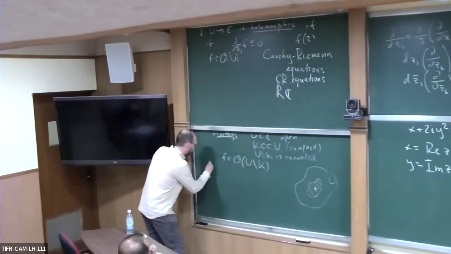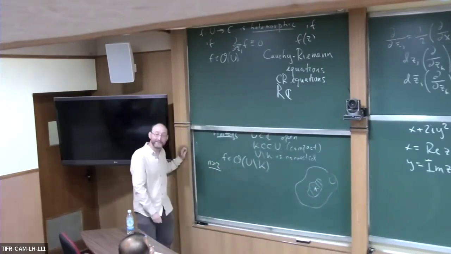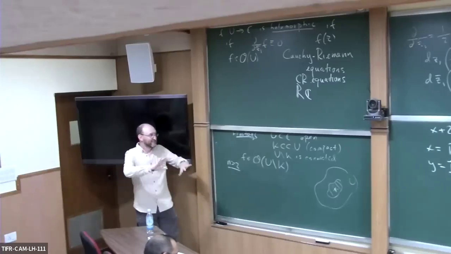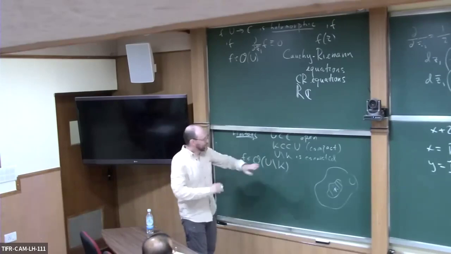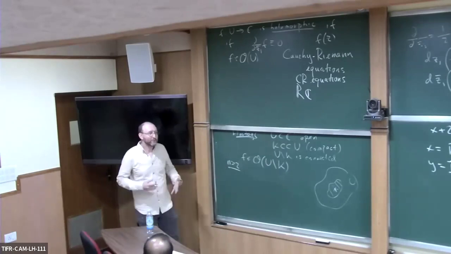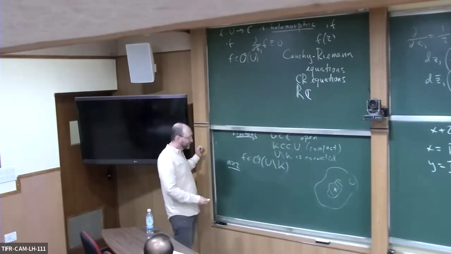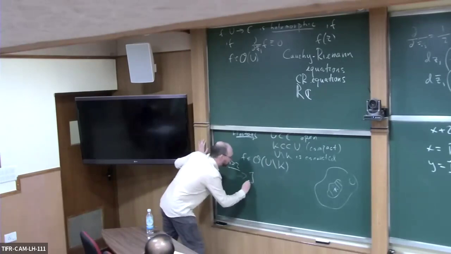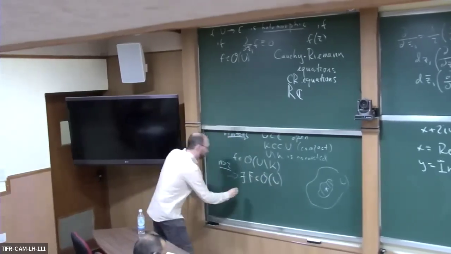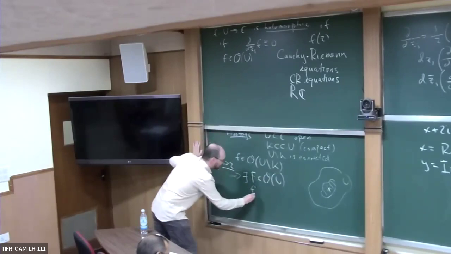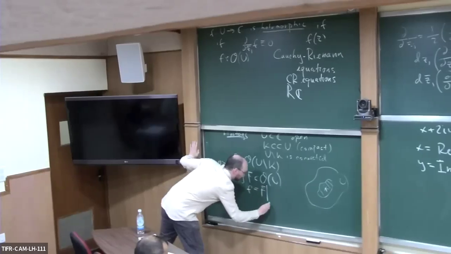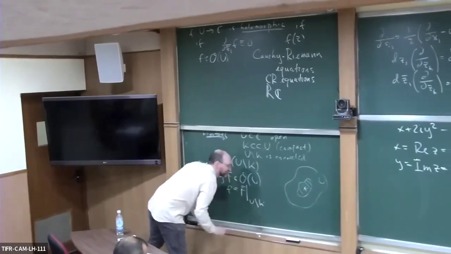And let's suppose that N has to be bigger than or equal to 2. That's important. It doesn't work in N equals 1. I'll prove a special case of this, because it's very useful to think of a special case, and you'll see where that comes in. If N is bigger than or equal to 2, then there exists a capital F holomorphic in all of U, and little f is equal to big F restricted to U minus K.